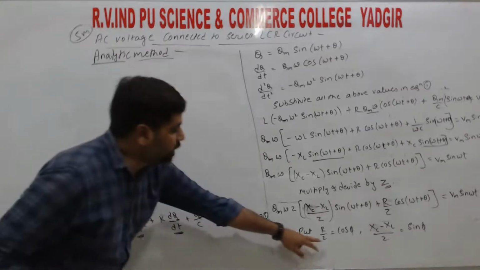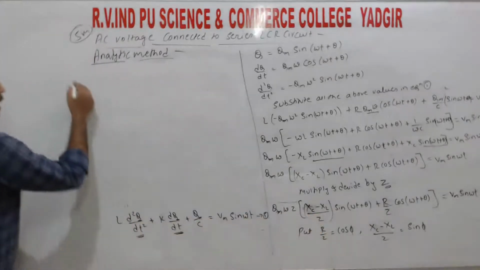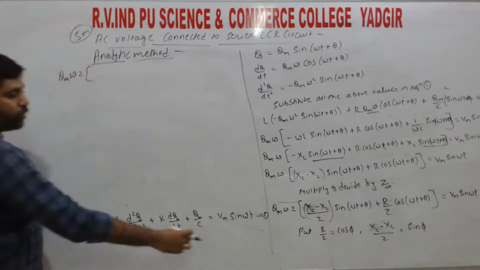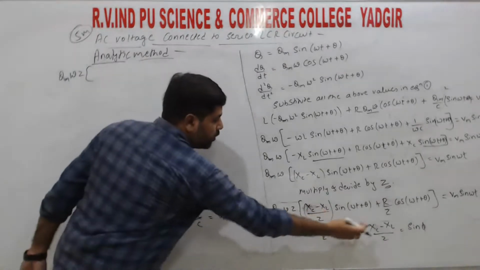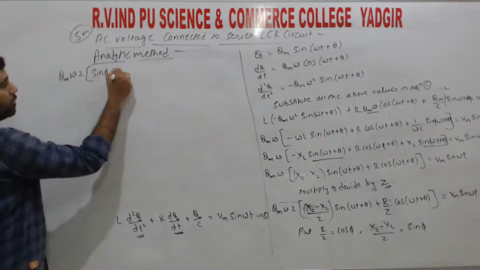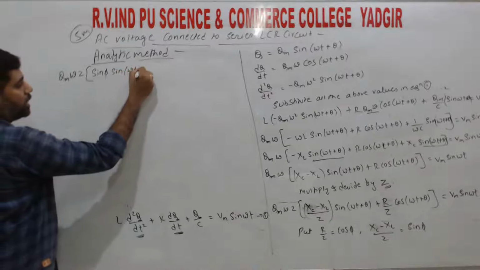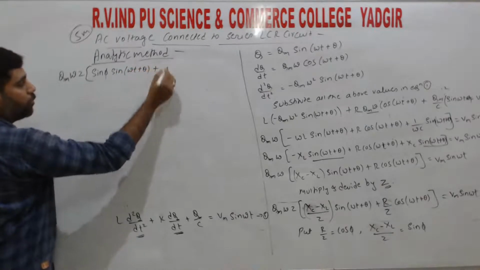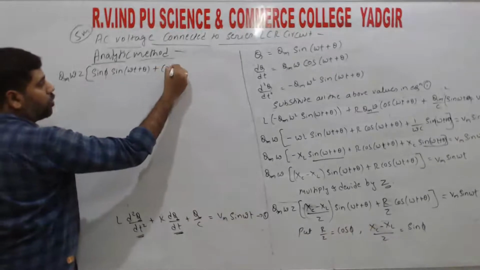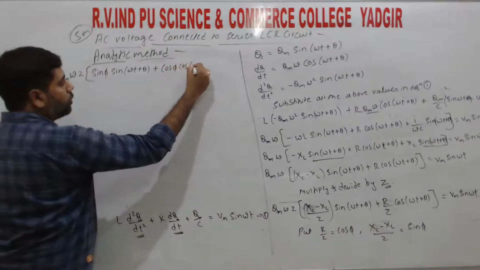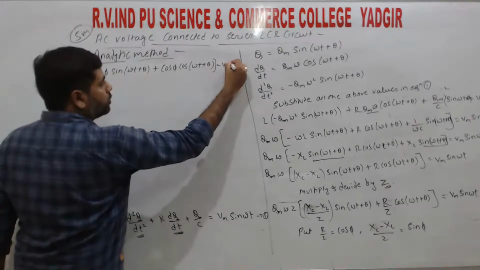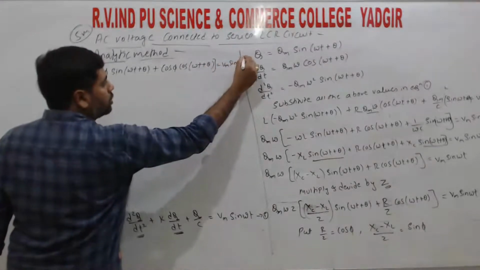So substituting these two values here, Qm omega z, so in place of (XC minus XL) by z we put sin phi, sin of omega t plus theta plus R by z we put cos phi, so cos phi into cos of omega t plus theta, that is equal to Vm sin omega t, right?